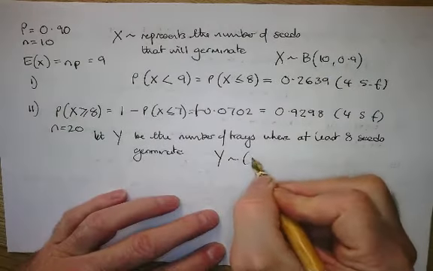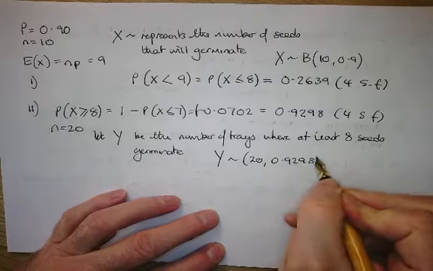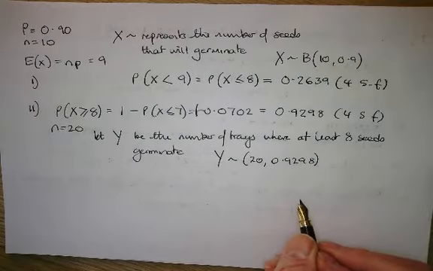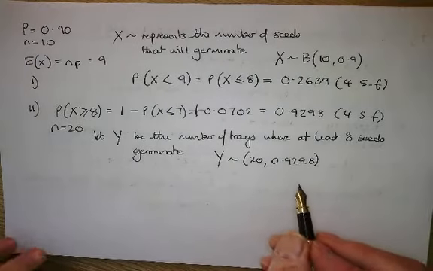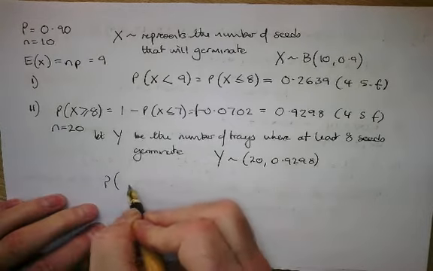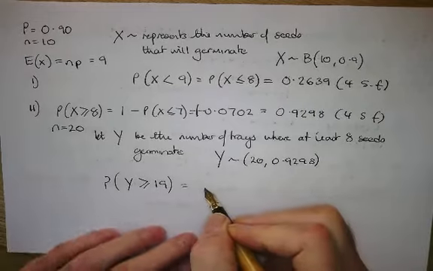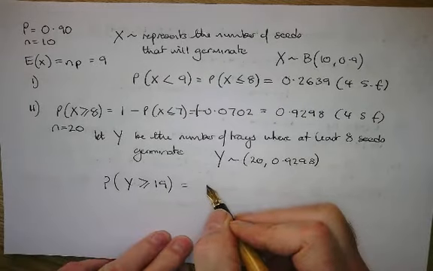So again, I've got my setup. So here we go, n is 20, my success now is there. And I'm ready to answer the question. And the question says, what's the probability that there are at least 19 trays? So Y is greater than or equal to 19.